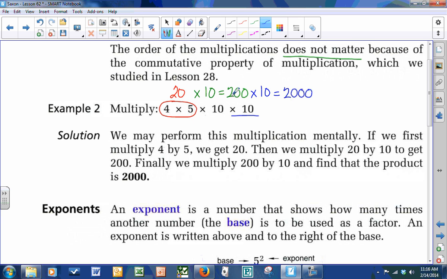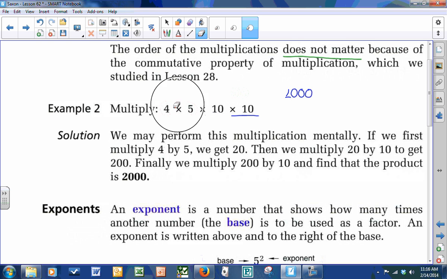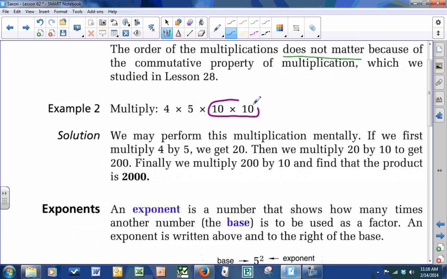Now I could, of course, go back and multiply them in a different pattern. I could say 10 times 10. 10 times 10 is 100. And then I could say, what is 100 times 5? And 5 times 0 is 0. 5 times 0 is 0.